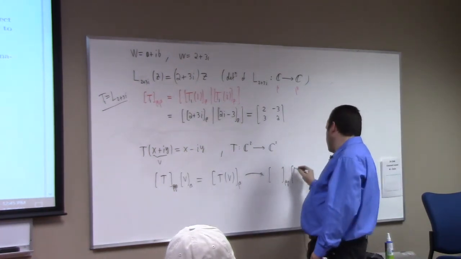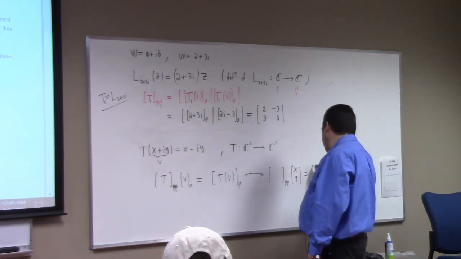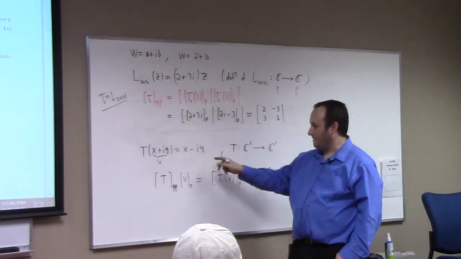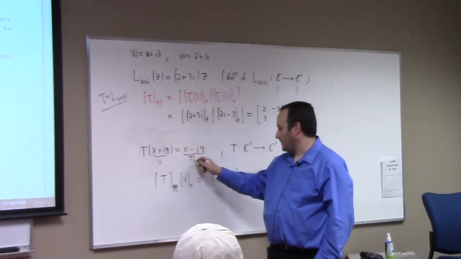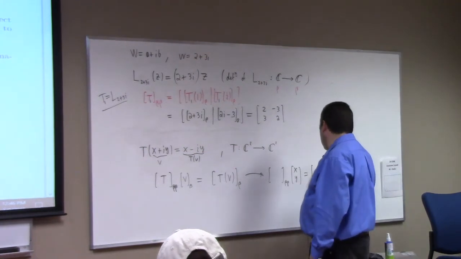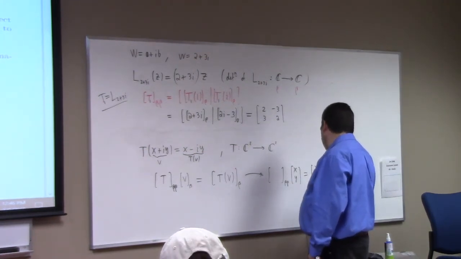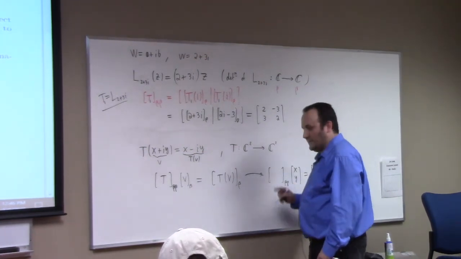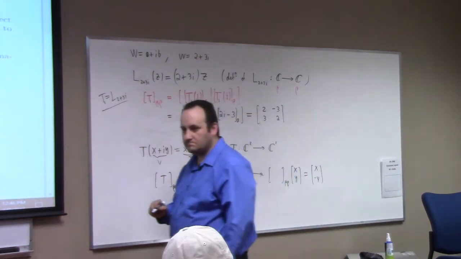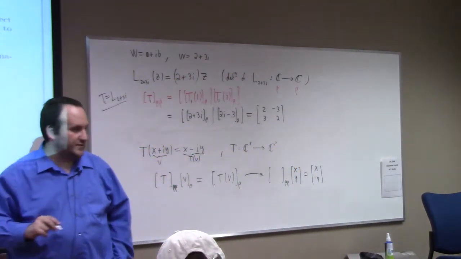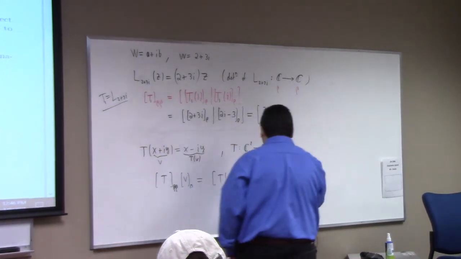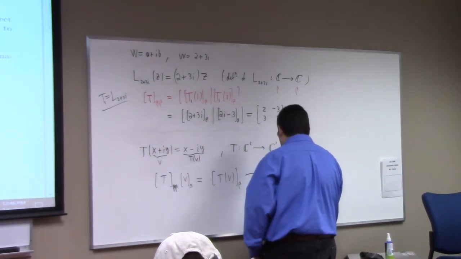Just x, y. Very good. What's the coordinate vector of T of V? It's x, negative y. Right. So what's the matrix of T then? I heard 1, 0, 0, minus 1. Right.